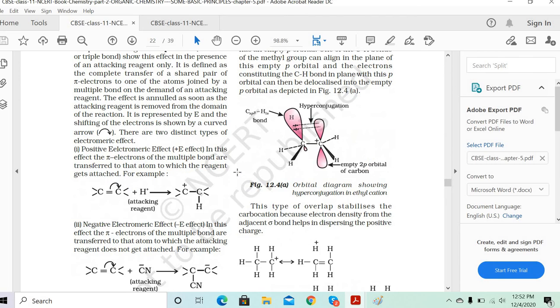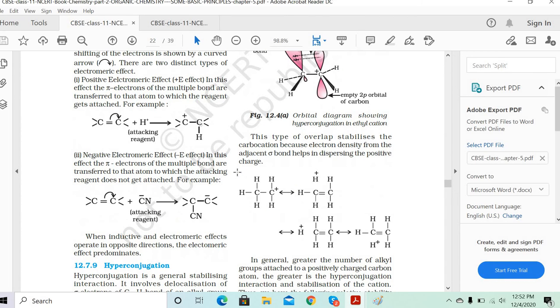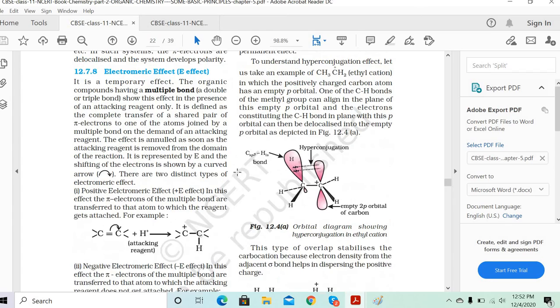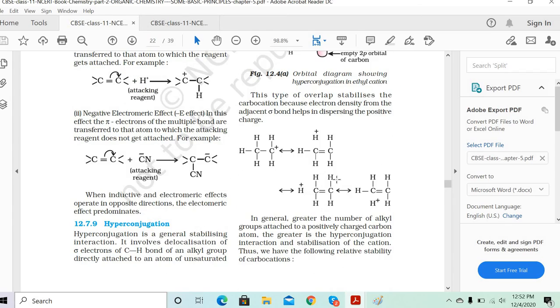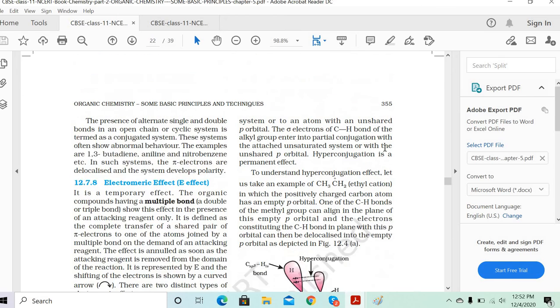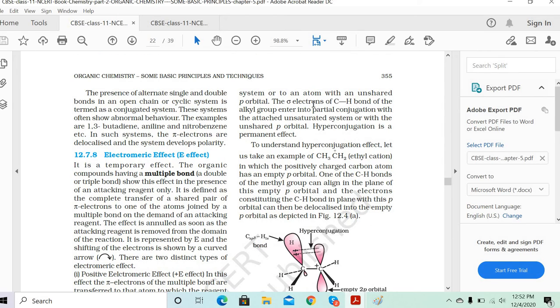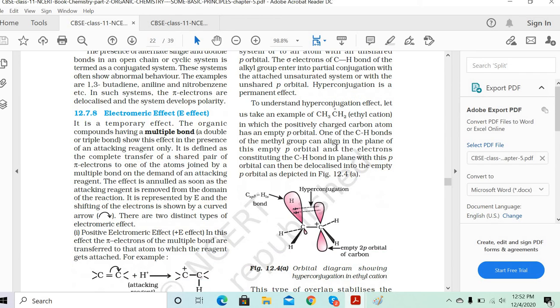Got it? So between the CH single bond and the other carbon atom which has a double bond, you can see the hyperconjugation will happen. How does it happen? Let's understand that. The sigma electrons of the CH bond of the alkyl group enter into partial conjugation with the attached unsaturated system or with the unshared p orbital. So hyperconjugation basically becomes a permanent effect.